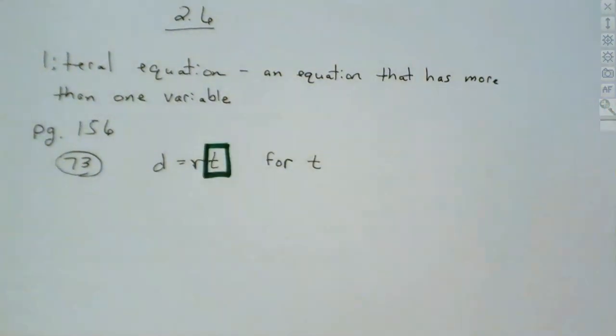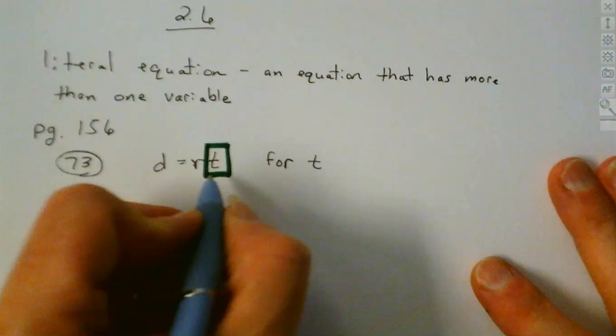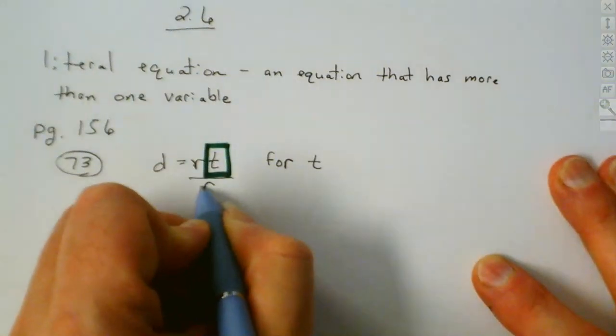What is attached to the t? An r is attached to it. Now, how is that r attached to the t? It's not addition, not subtraction. It's attached to that t by multiplication, right? So what operation is going to undo this multiplication? Division.